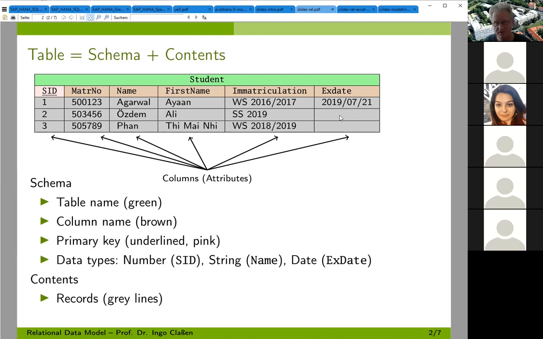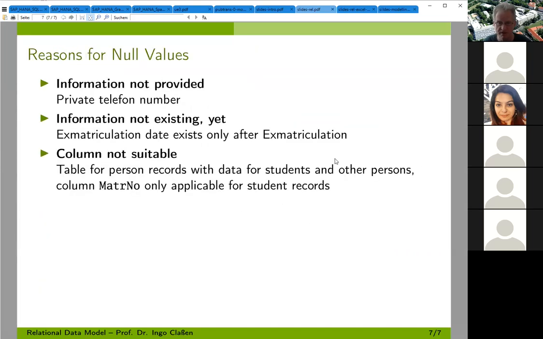It sounds a little bit like a contradiction, but that is how it is called. Null value means no value. And important to understand is that null value does not mean the empty string or the number 0. It means the absence of a value. That's important.